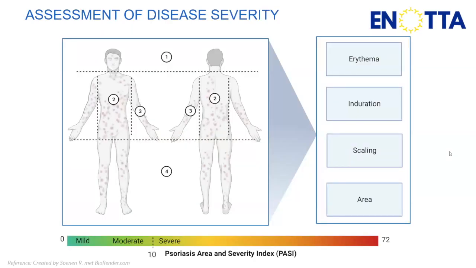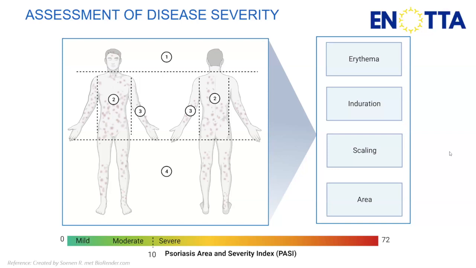So maybe a bit about assessment of disease severity. It's important to know that in Belgium, patients who will get approval for the reimbursement of biologics have to have moderate to severe psoriasis, measured with the PASI, the psoriasis area and severity index, which is a score. On the basis of that score and some other characteristics, they will get a reimbursement for biologics.